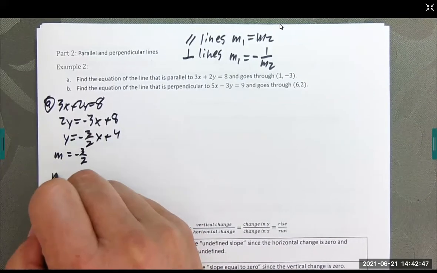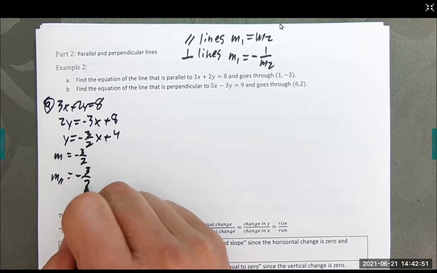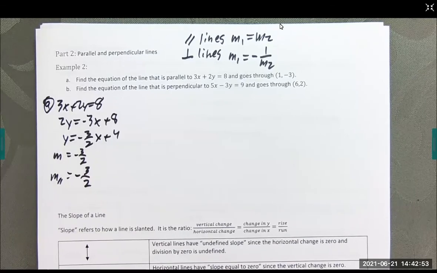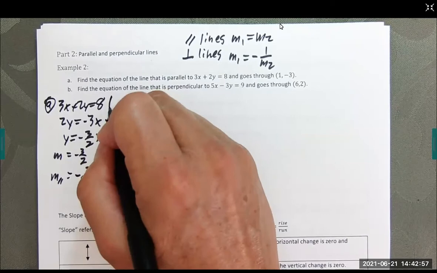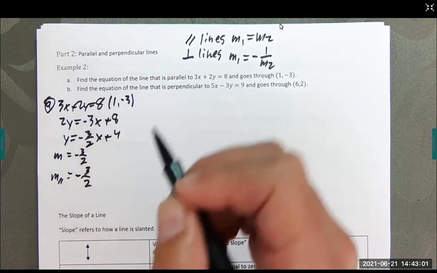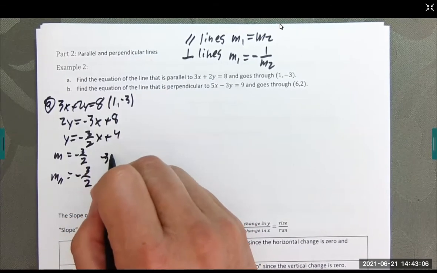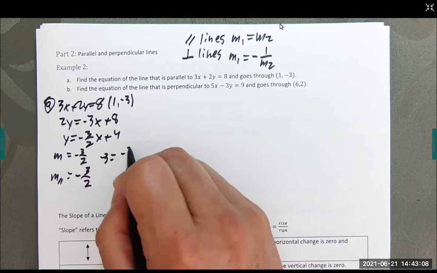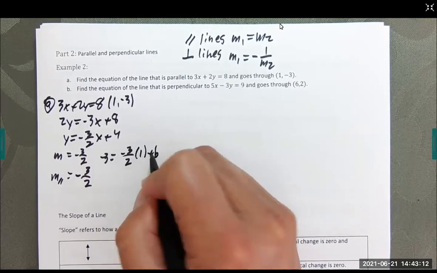So a parallel slope will also be negative 3/2. And we're going through the point 1, negative 3. I'm going to use slope-intercept form again. So negative 3 equals negative 3/2 times 1 plus b.